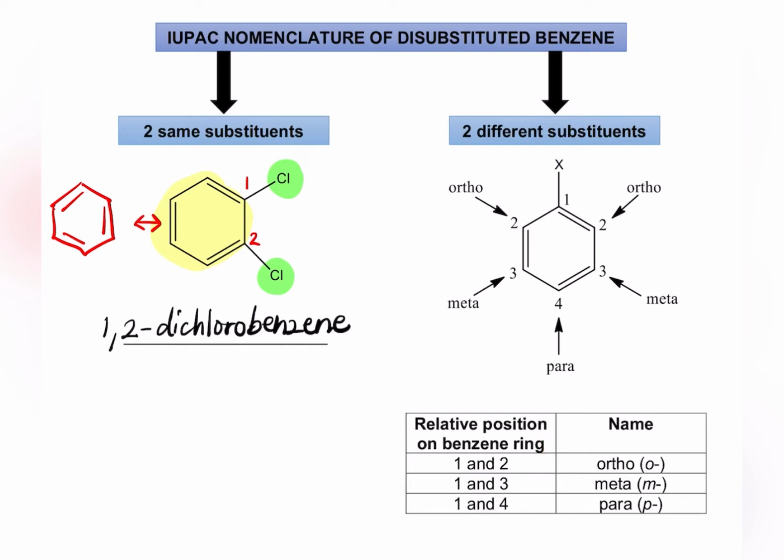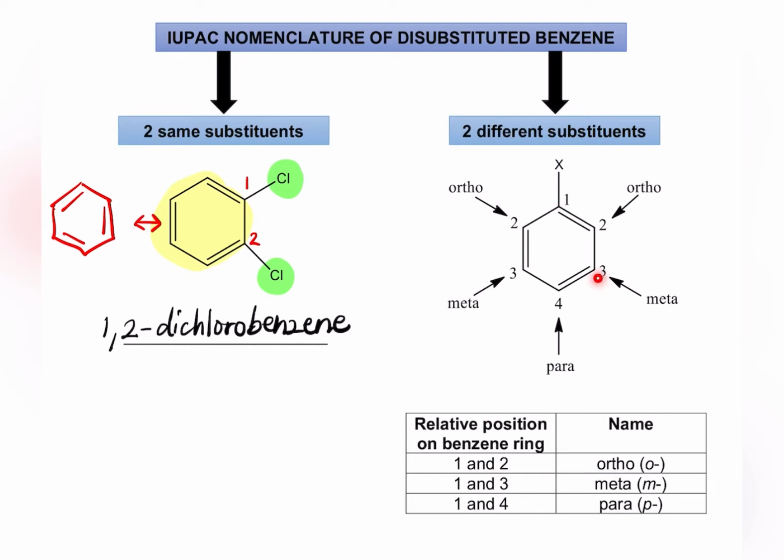If you got one substituent, for example X at first carbon, and another X attached to this carbon at the right or this carbon at the left, it means both of them are at position carbon number 2. So you can also give the name 1,2 or ortho, because the two substituents here are attached to carbon 1 and carbon 2. Same goes for 1 and 3.